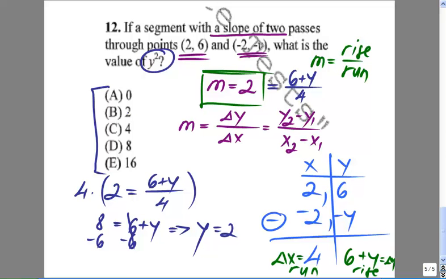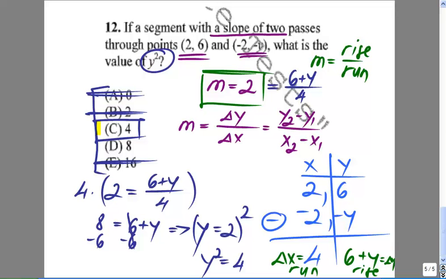Be careful because you're not done. This is not the answer here. Obviously it cannot be 0, it cannot be 2, you can eliminate those answers, and E also, because y squared is the question. What is y squared? Well, square everything here. Your y squared is going to be 4.